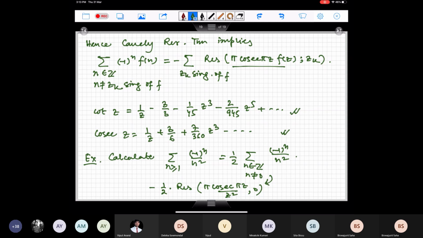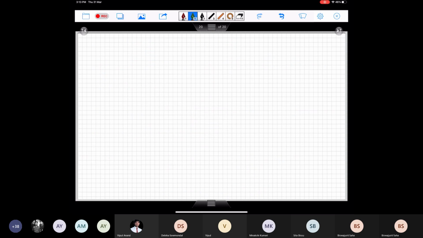So similarly, you can of course calculate in the same spirit. Let's calculate the summation n bigger than or equal to 1 of 1 over n square.